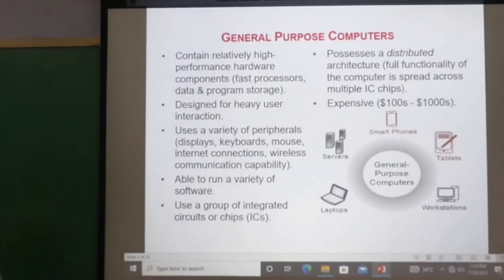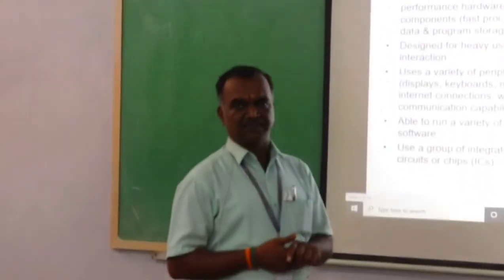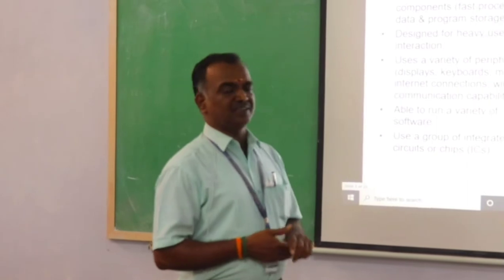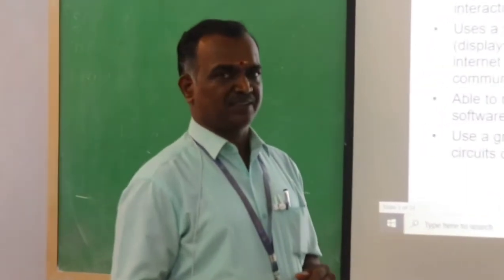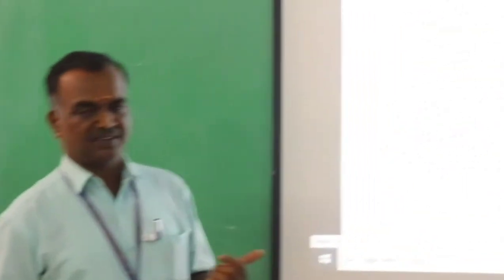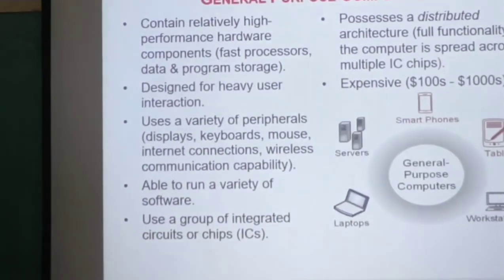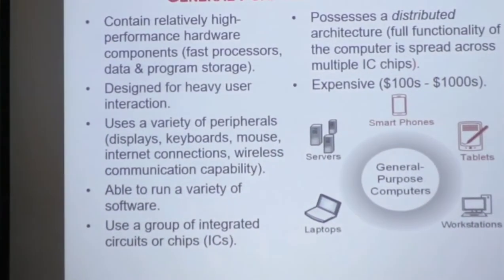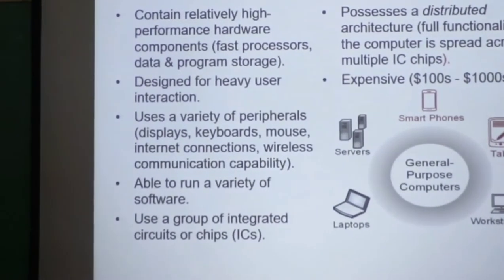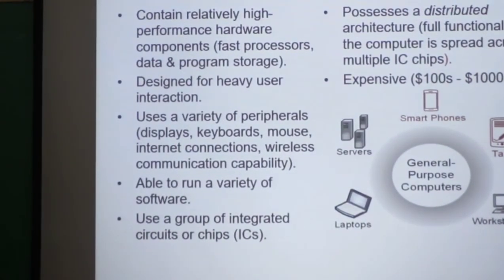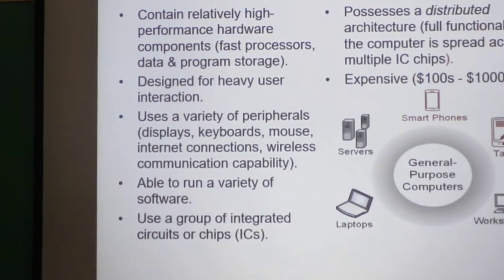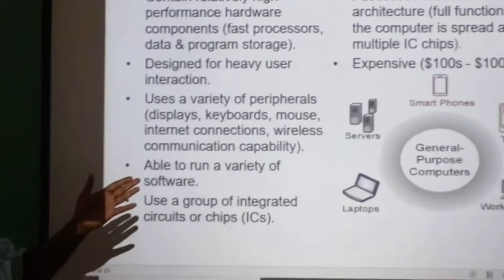Then we will see what are the basics of general purpose computers and what are the basic differences between general purpose computers and embedded computers. In general purpose computers, we may have a larger number of softwares and a variety of peripherals connected in the system. At a time, more than one software may run in the system.